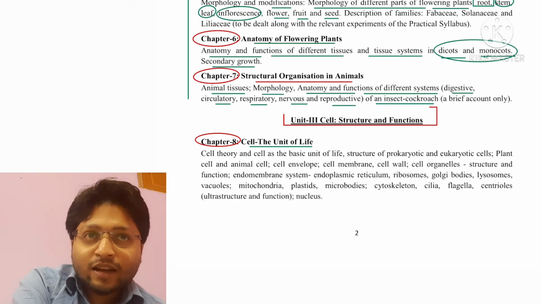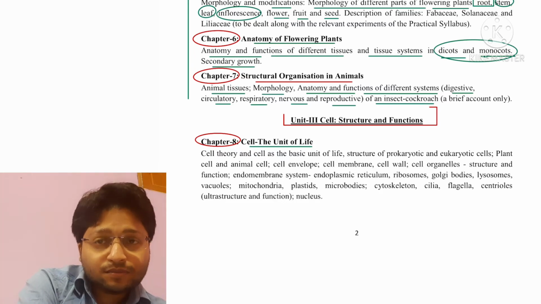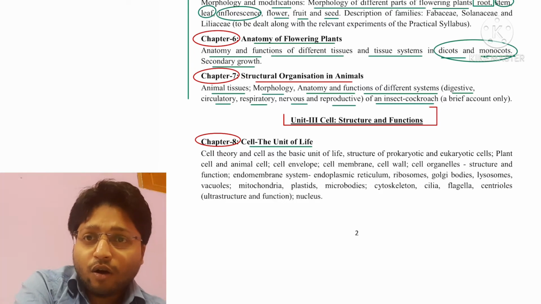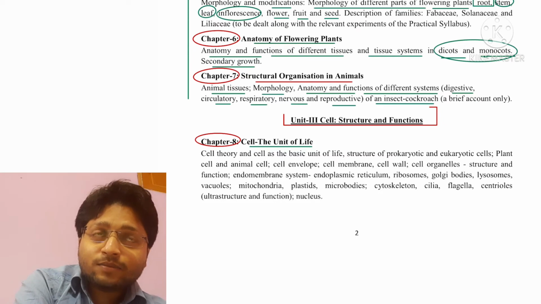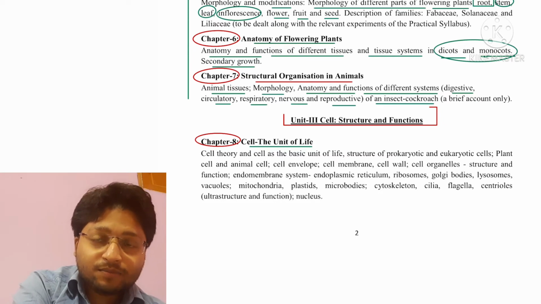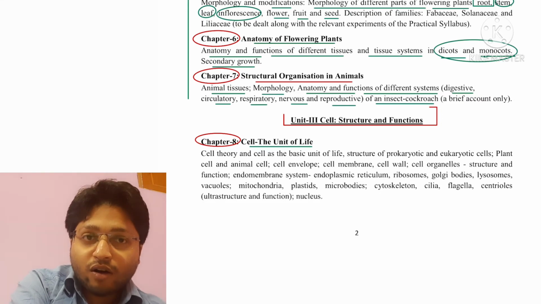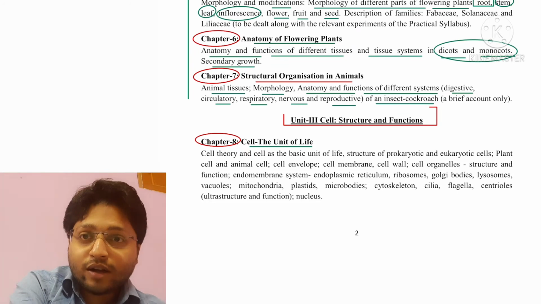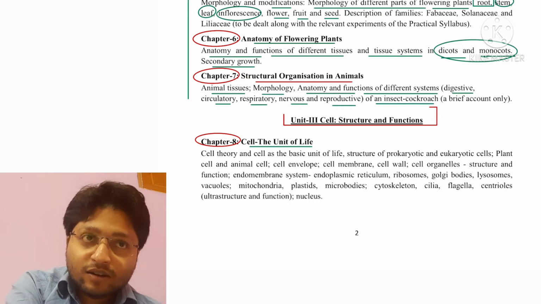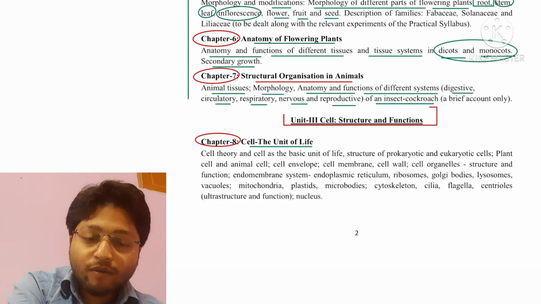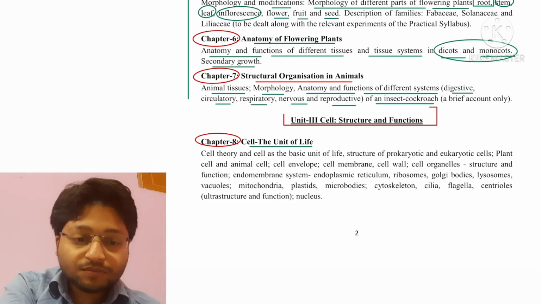Then you will also study the different cellular organelles present inside a eukaryotic cell, how they are important, and how they perform their function inside a cell. This part is also covered under this chapter.